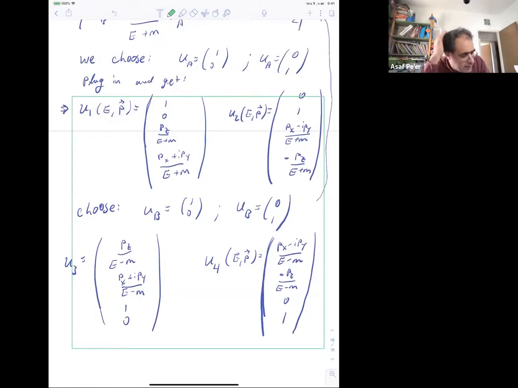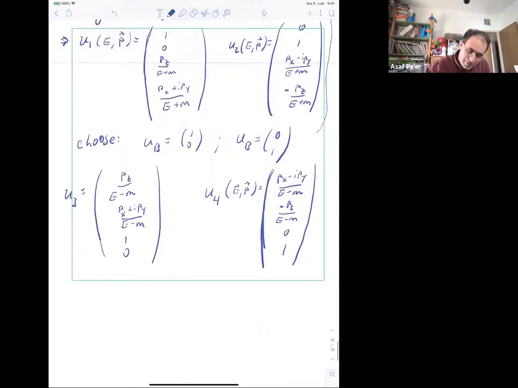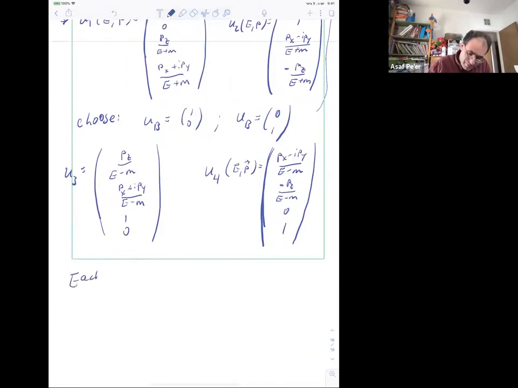So if I plug it in, each one is a solution of the Dirac equation, and each one fulfills Einstein's relation, E squared is equal to P squared plus M squared.